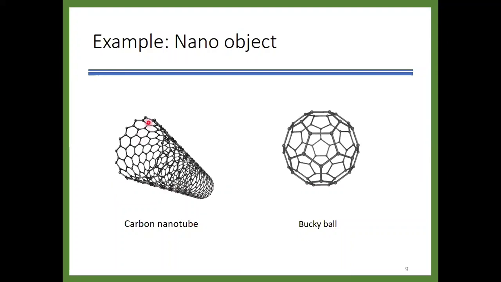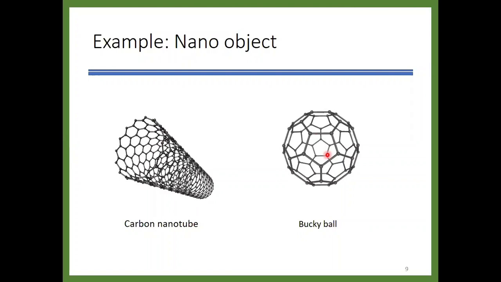So this is one external dimension, so we can call it a nano object. Also the buckyball we talked about earlier, because its diameter is just approximately 1 nanometer, is also a nano object.